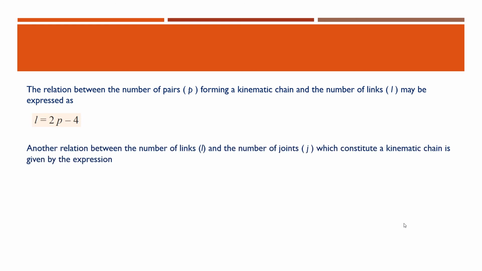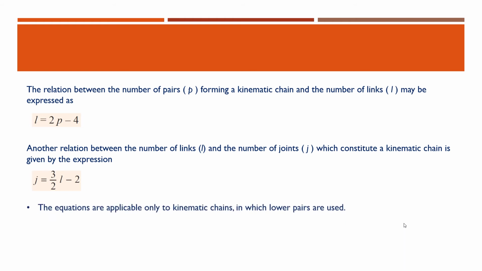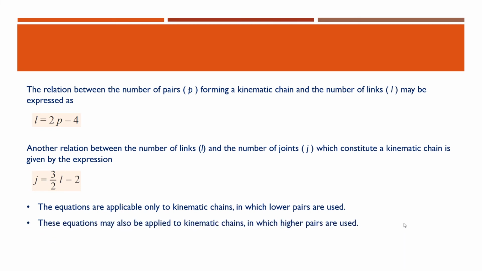Similarly, one more equation is available which connects the number of links and number of joints: J = (3/2)L - 2. If this equation is also satisfied, then it forms a kinematic chain. These equations are applicable only to kinematic chains in which lower pairs are used.